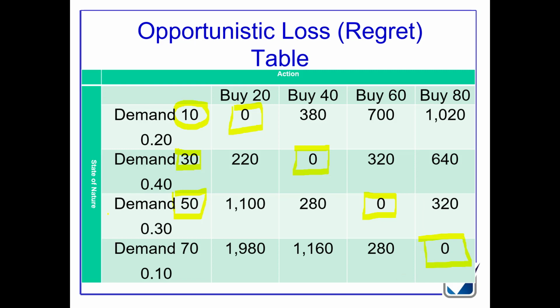Now, let's just pick this demand of 50 to illustrate how these things work out. At a demand of 50, my best return is 1550, which is at buying 60 bicycles. If I purchased 80 bicycles, my actual return would be 1,230. That's $320 down.